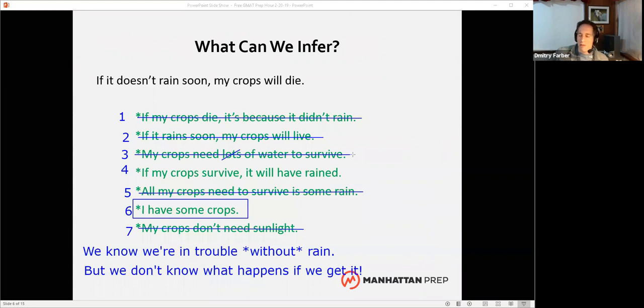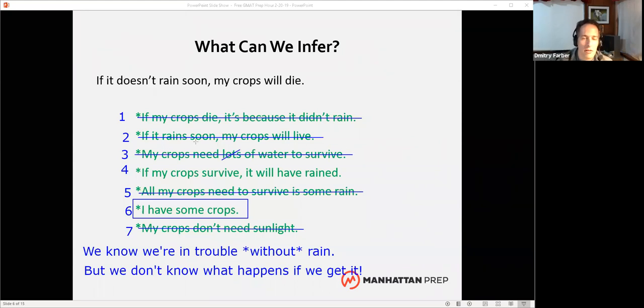Like, if it doesn't rain soon, the river will stay dry and we won't be able to get the shipment of fertilizer that we need, or something like that, right? Yeah, if it doesn't rain soon, there'll be a forest fire, and that will lead to burning my crops down, right? My crops are fine. I can water them from a can, right? So we don't know that they need lots of water or even any water at all, technically, although you could probably figure they do.